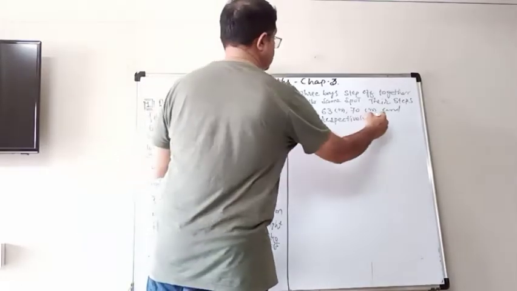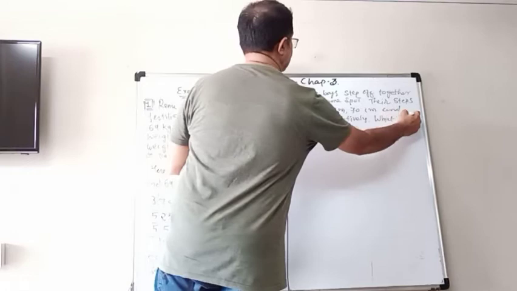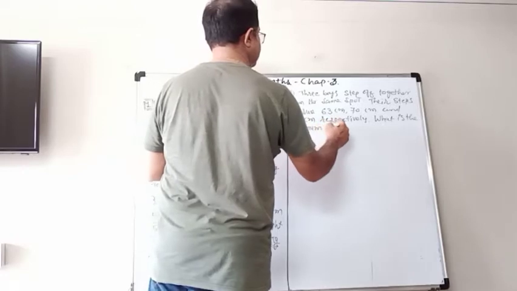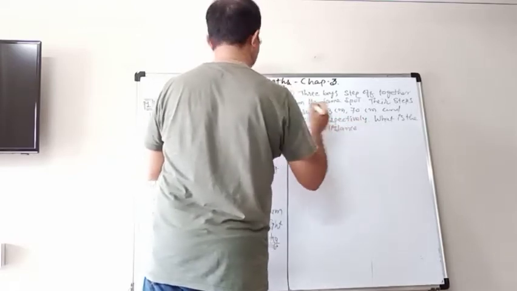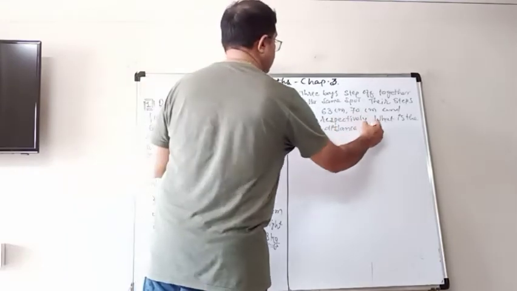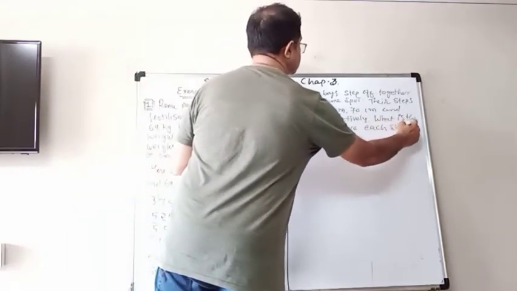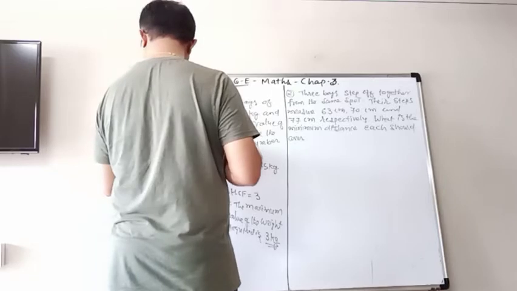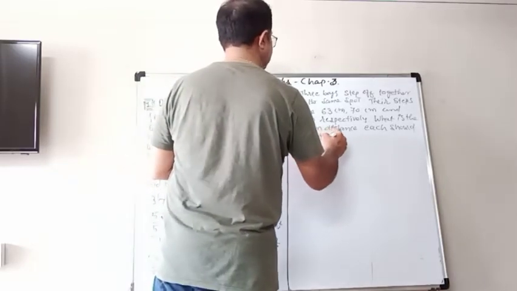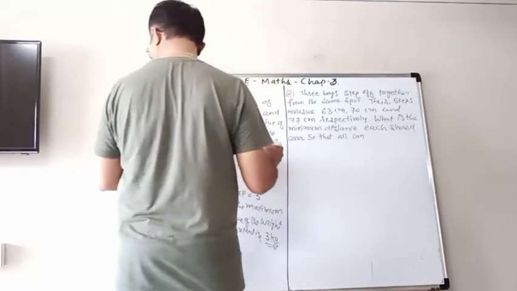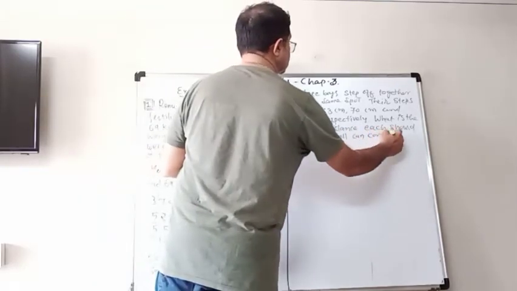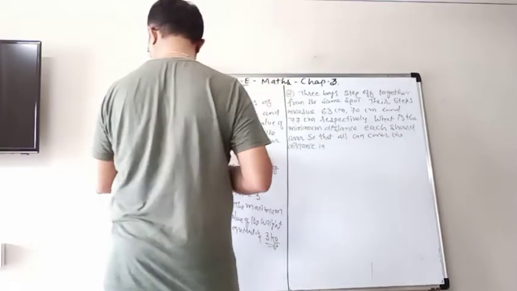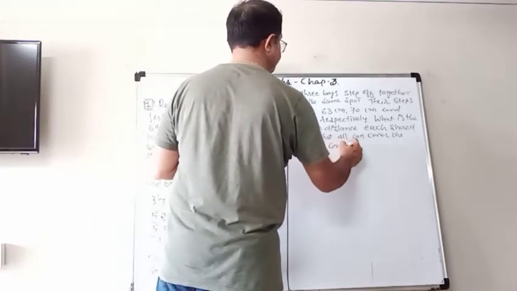What is the minimum distance each should cover so that all can cover the distance in complete steps?